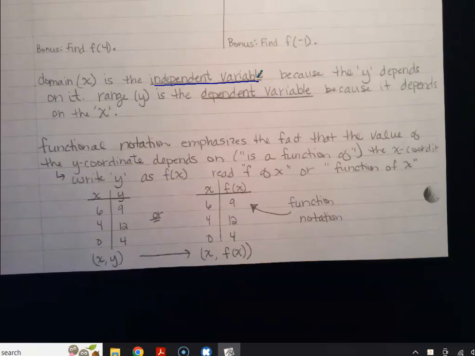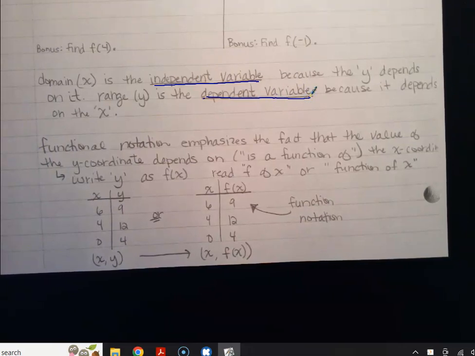It's what we decide we want to do. But the cost depends on how many pairs of shoes we buy. That's the output. So your x, or your domain, is your independent. Your range, your y value, is your dependent. You probably have talked about that a lot in science even. Independent and dependent.